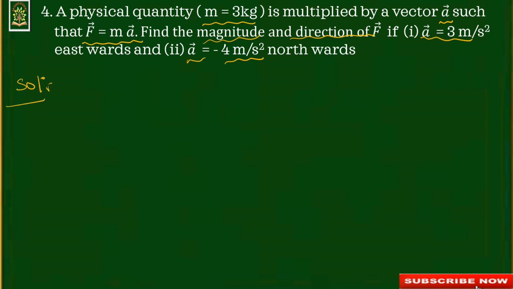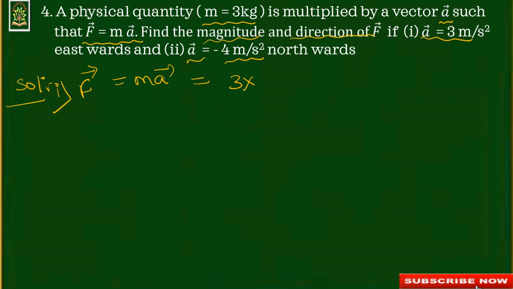Here from Newton's second law of motion, F bar is equal to m into a bar. Here they given m is equal to 3 kilogram. First we are calculating for a is equal to 3.